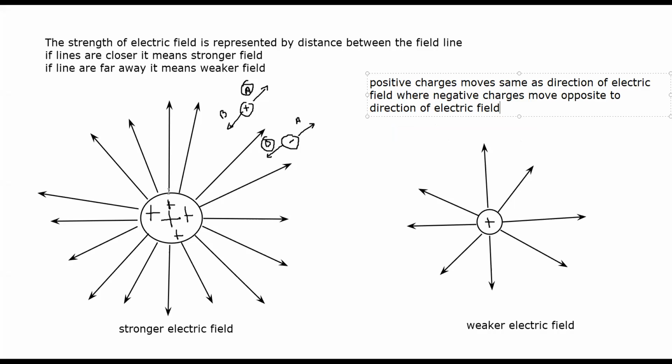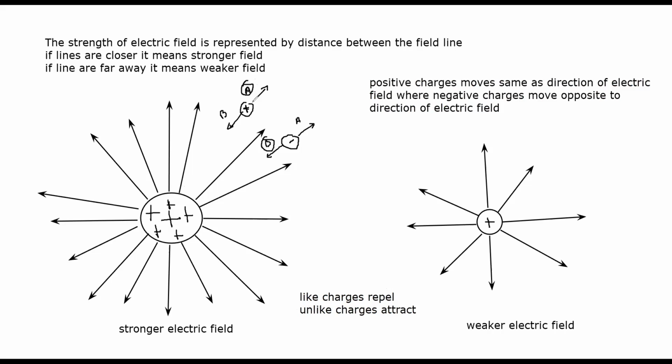You can see here, as you know, like charges repel and unlike charges attract. So you have a positive charge and you place another positive charge. These are like charges. What happens?